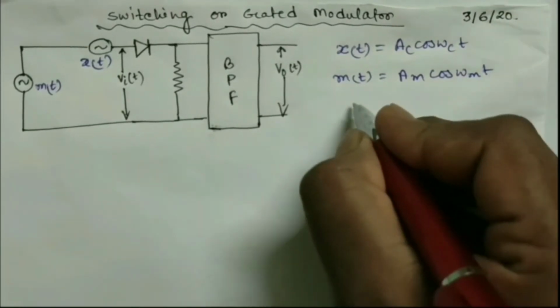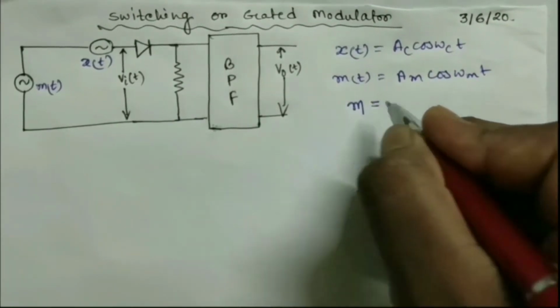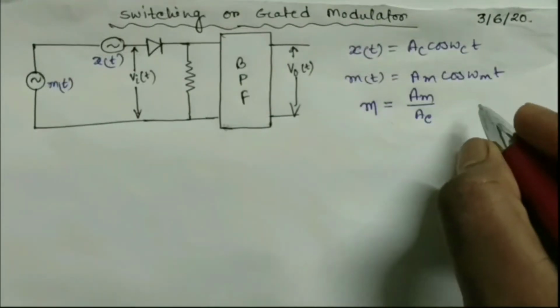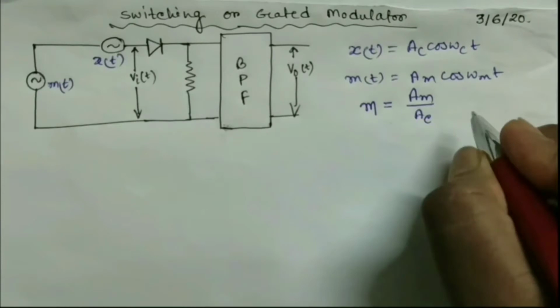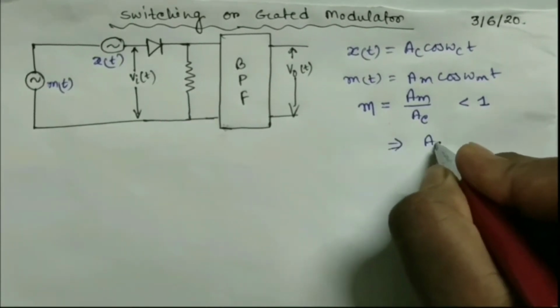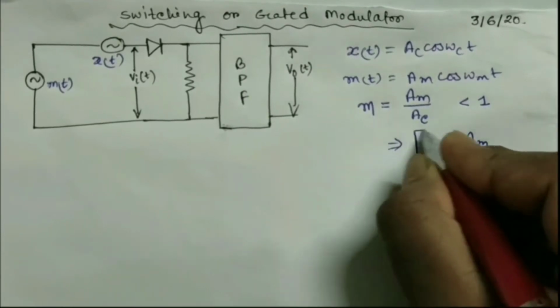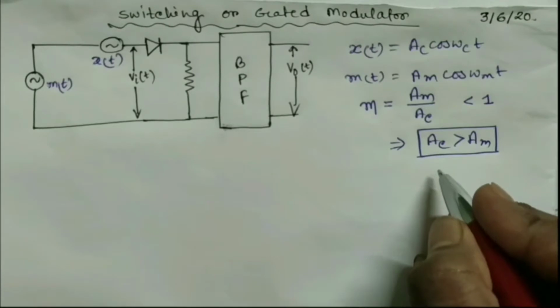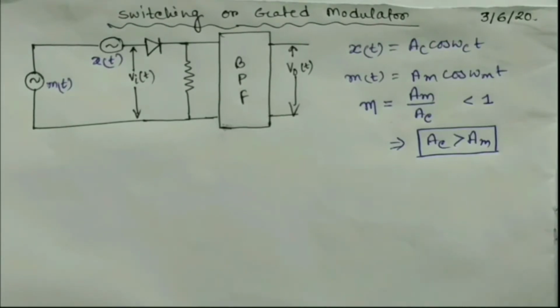Now we know that modulation index mu is equal to Am upon Ac, and we also know that the value of mu is always less than 1. That means Ac is greater than Am, which implies that the carrier signal is dominating with respect to the message signal.